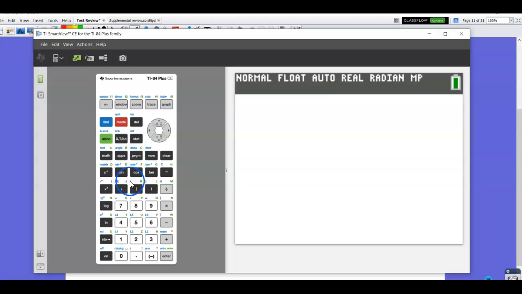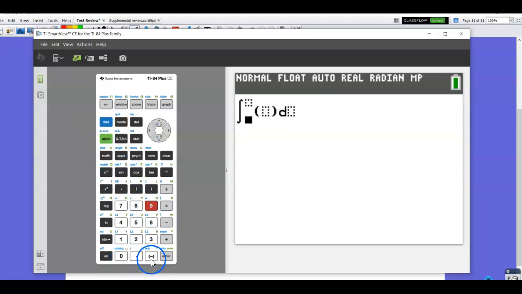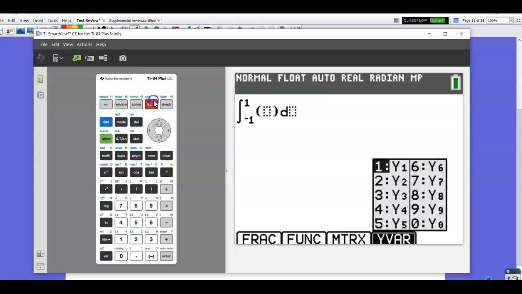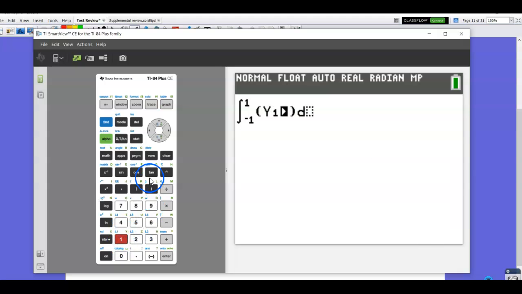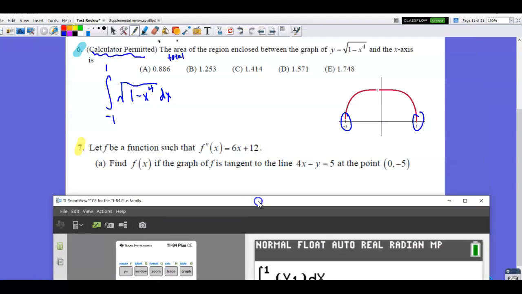I'm going to integrate, math number 9, and I'm going to start at -1, stop at 1, and the function for this problem is in y number 1, so I'm going to use my shortcuts. Not everybody has shortcuts. I'll tell you what to do if you don't. I'll try to keep reminding you how to use your calculator. dx, enter, and I get 1.748.